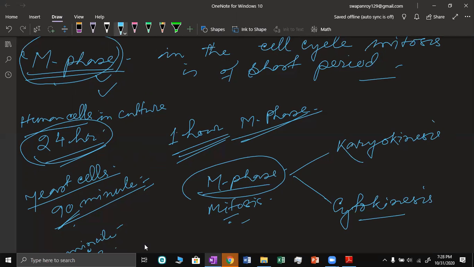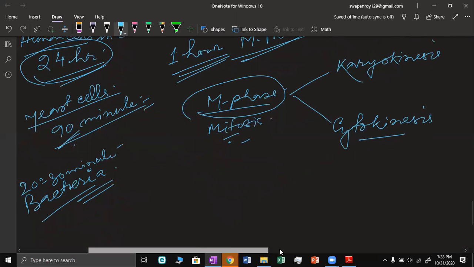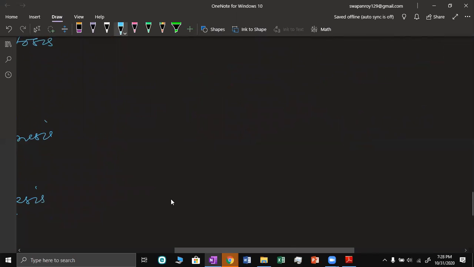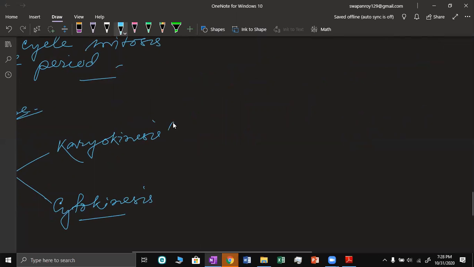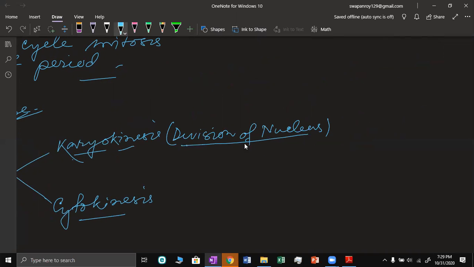Karyokinesis is the division of nucleus. Actually, karyon is the nucleus. This is the main portion of the cell division.